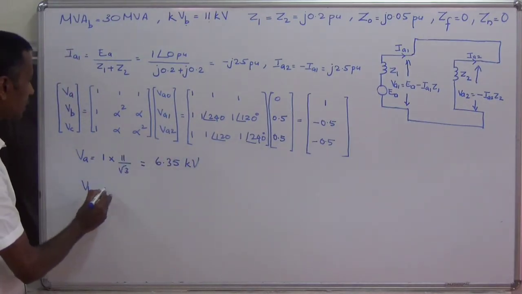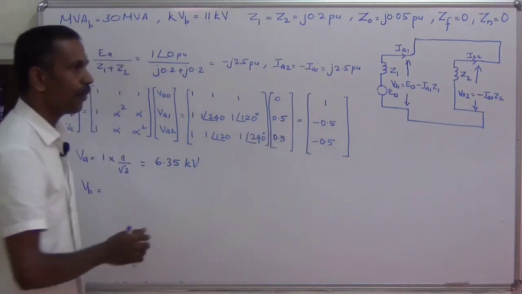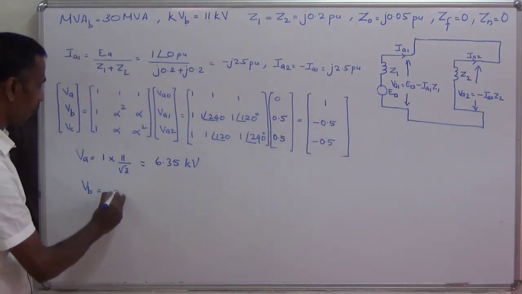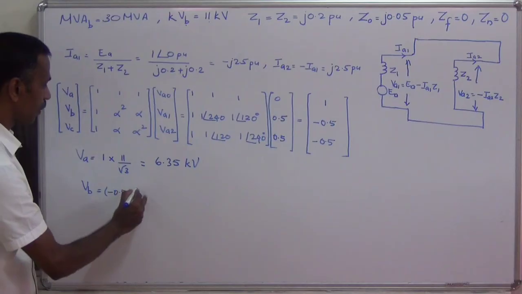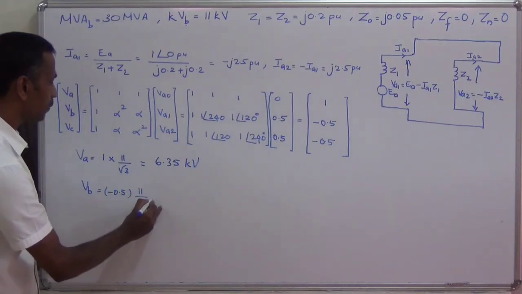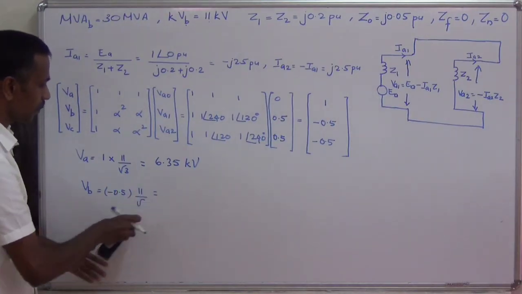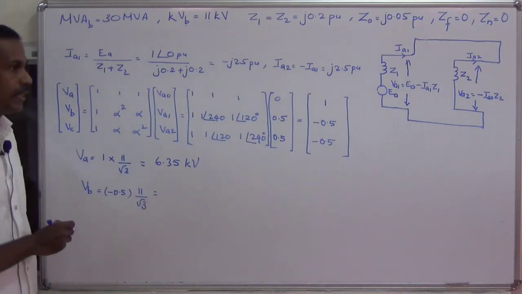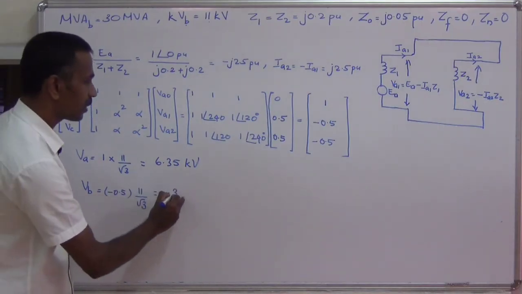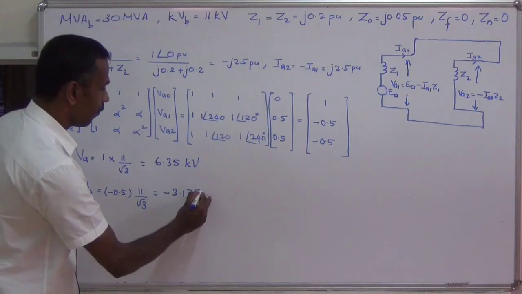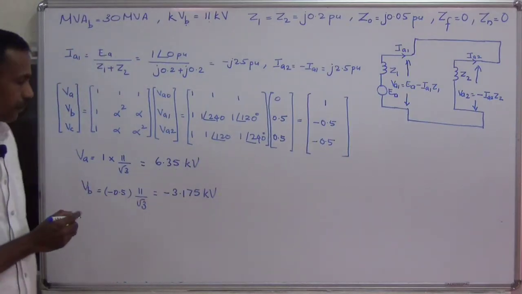And VB equals minus 0.5 into 11 by root 3, and this is equal to minus 3.175 kilovolt.